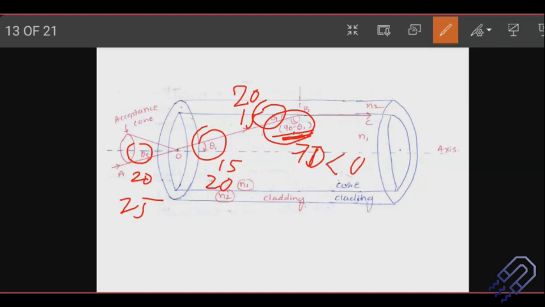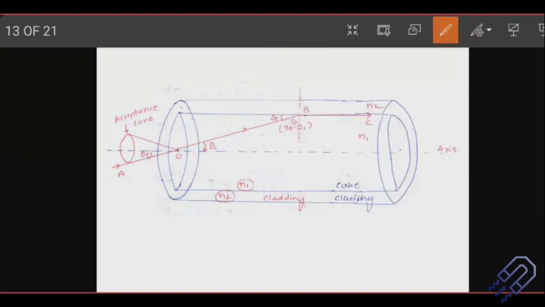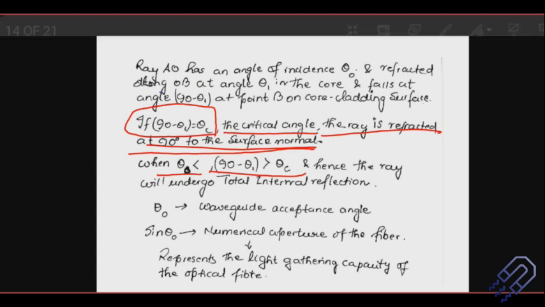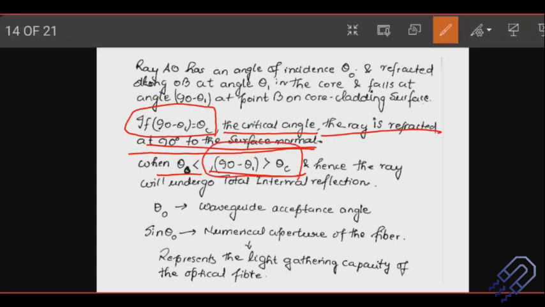This is quite logical. And that's why we say that if this theta naught is changing, the critical angle we can easily adjust. If theta naught is less, we are going to have the angle of incidence at the core cladding surface greater than the critical angle. And if it is greater than the critical angle, this will undergo total internal reflection.